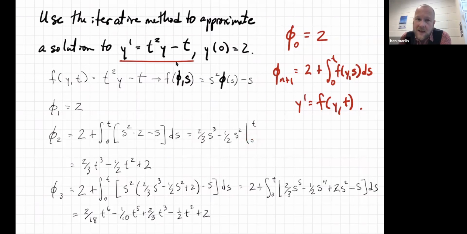Okay. But when we go ahead and do this process, we end up getting 2/3 t cubed minus 1/2 t squared plus 2.